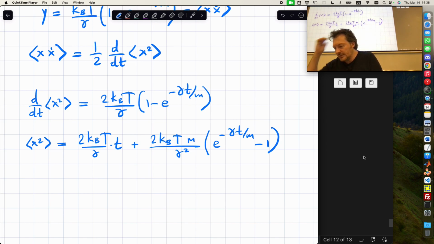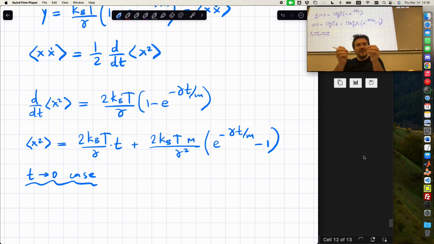Then let's look at the t goes to 0 case. We just barely started. It hasn't diffused yet. Just at the beginning, it might have some velocity. So we actually expect x squared to be proportional to t squared at the very beginning, because it's ballistic.